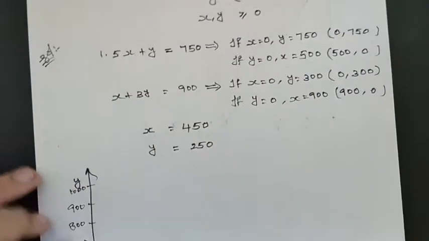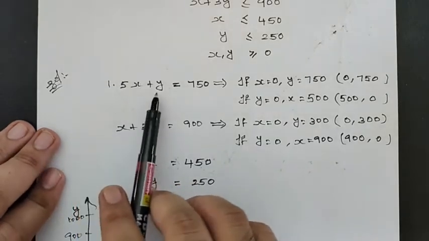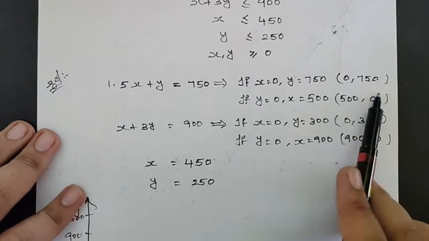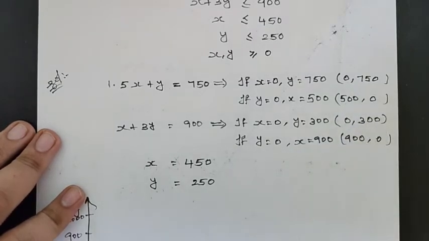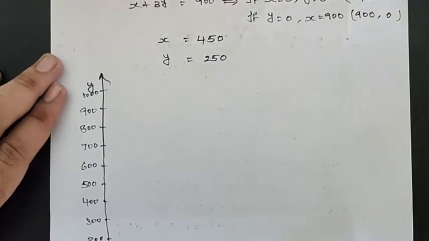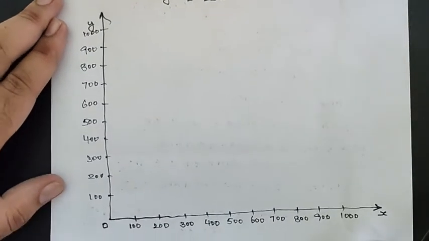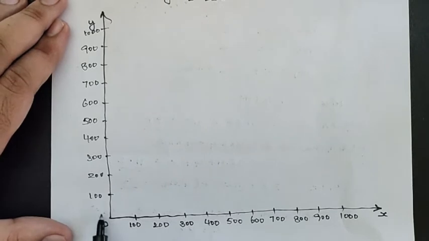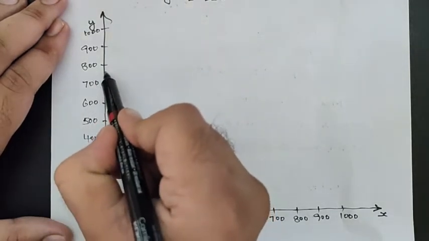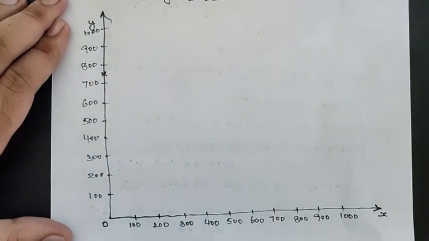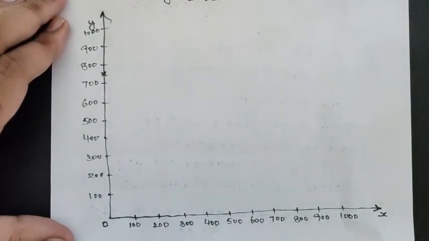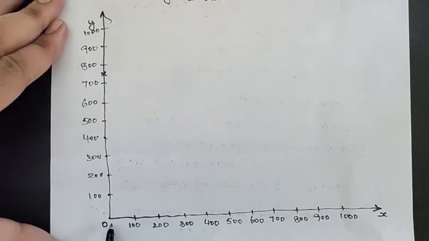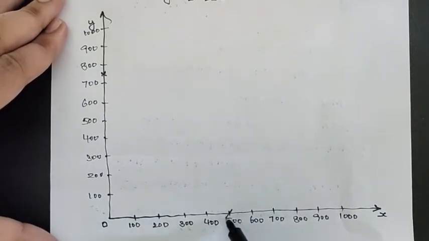So what is the first constraint? 5x plus y is equals to 750. That is the equation. So the vertices are (0, 750) and (500, 0). So first let us locate (0, 750). So (0, 750) means the value of x is 0 and y is 750, which is in the middle of 700 and 800. Right. And the second vertex is (500, 0), which means x value is 500, y value is 0.